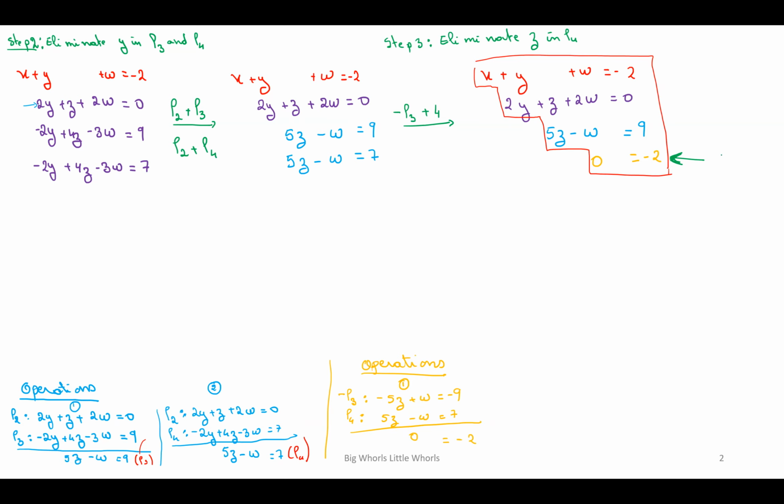So we have a contradictory equation. From the lecture, when we have an echelon form with a contradictory equation, what does it mean? It means that the system has no solution.